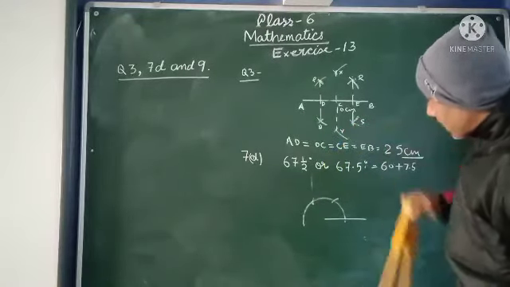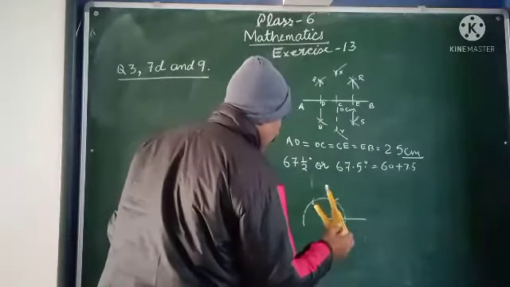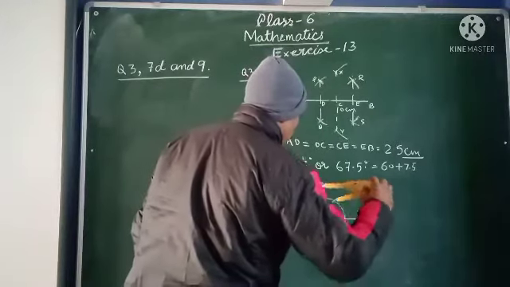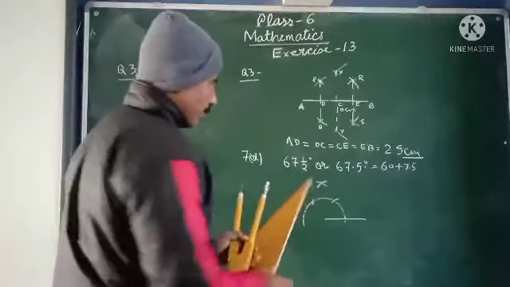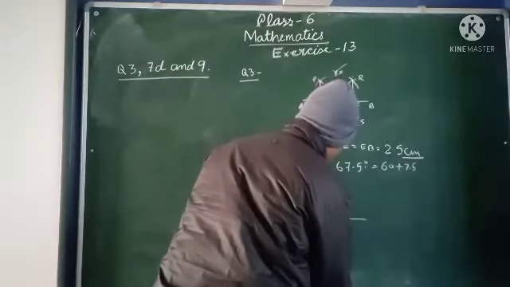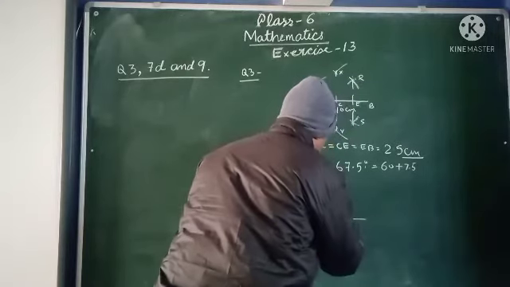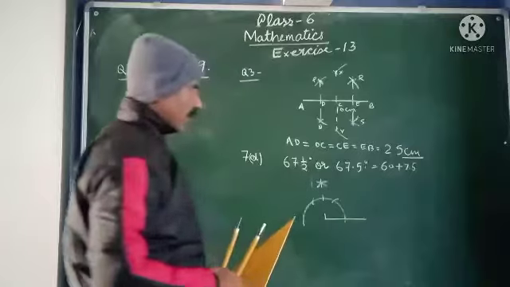This is another 60 degrees, and then we bisect this 60 and we get 30 degrees. So this is a 30-degree angle.